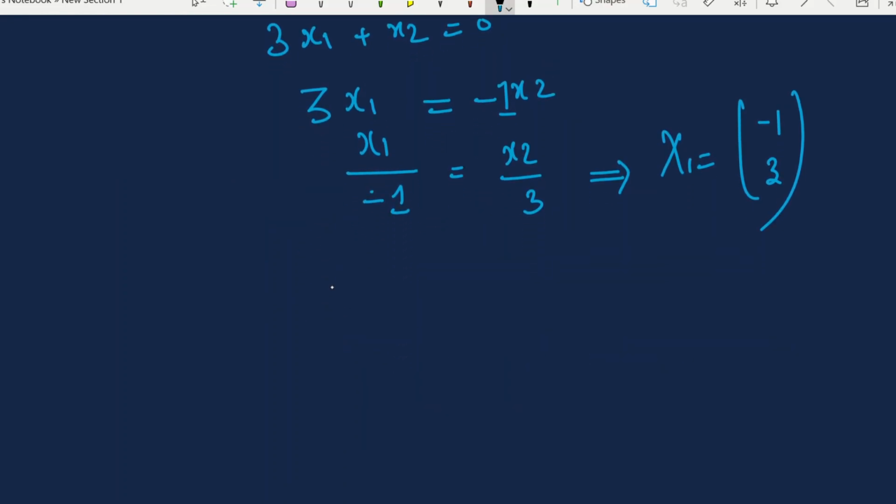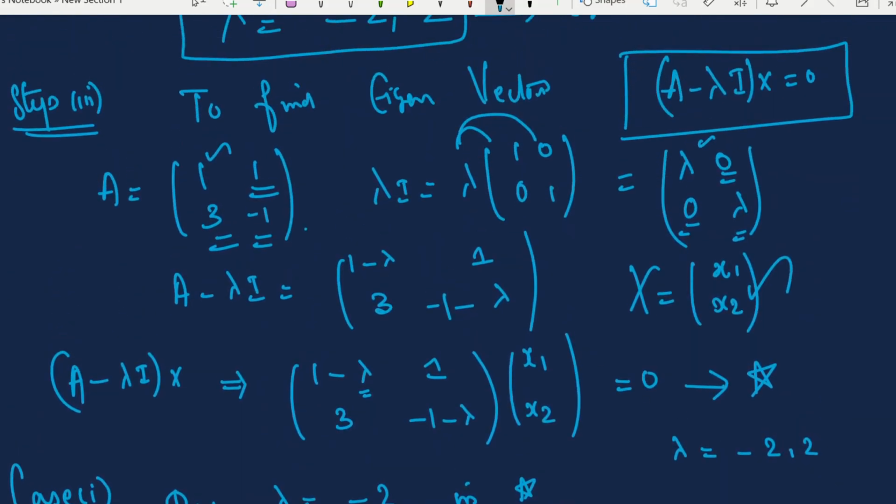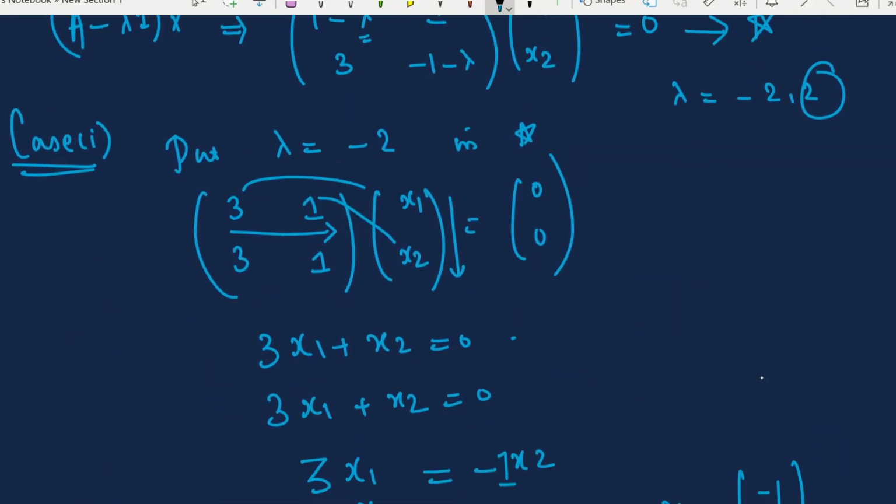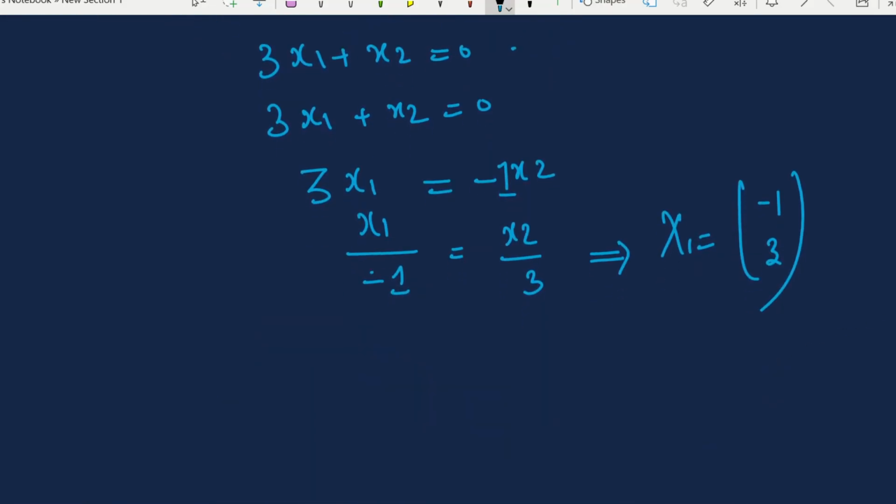Next, case 2. For the second case, this is our second eigenvalue. Substitute the second eigenvalue in star. Put lambda equals positive 2 in star.